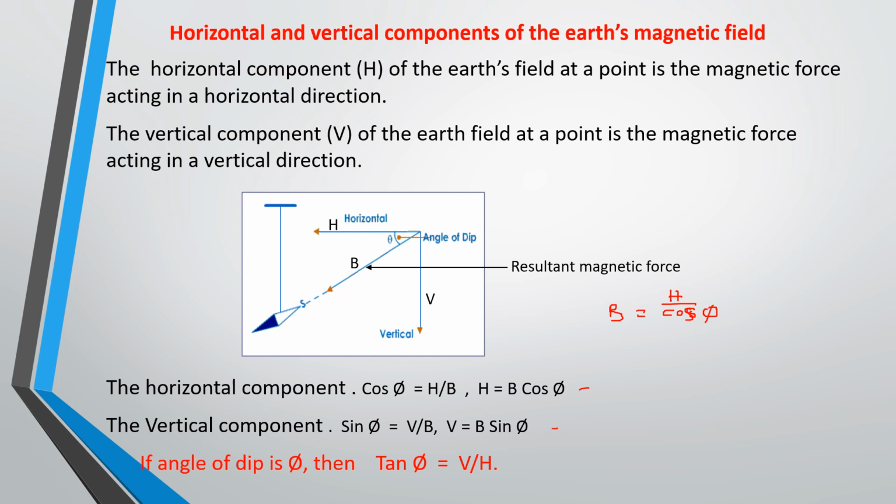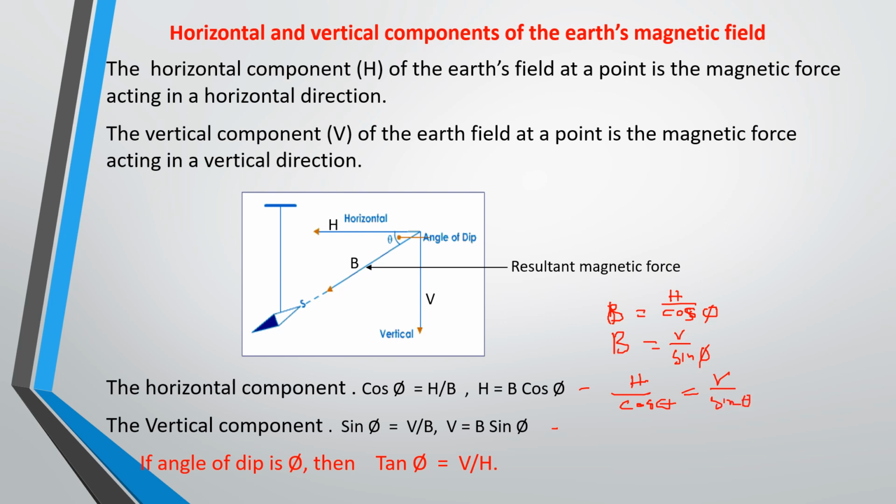Then for the vertical component, you have that B will be equal to V over sine theta. Okay, so since we have the value of B, which is the Earth's magnetic resultant field, we can actually equate these two together to have H over cos theta equals V over sine theta.